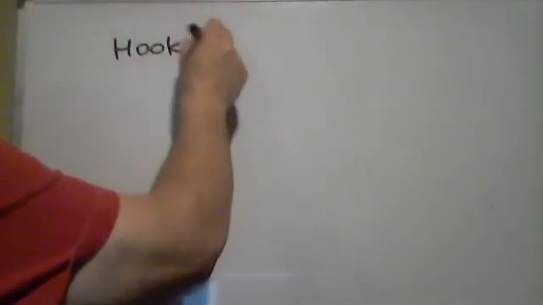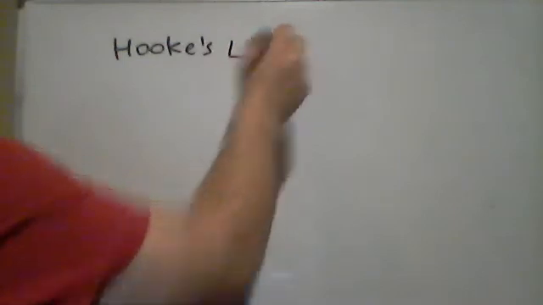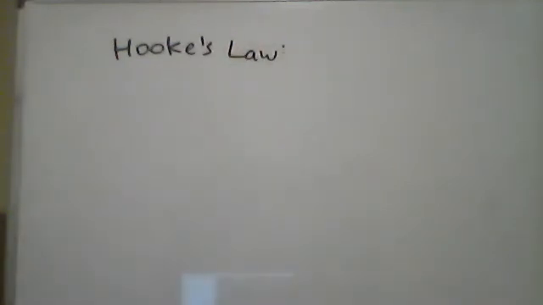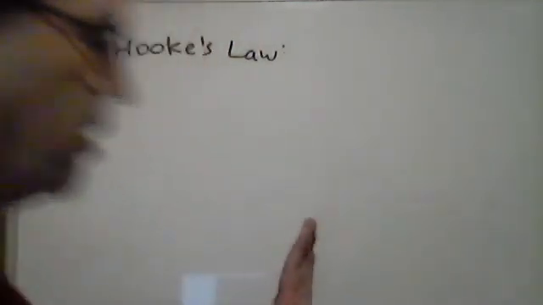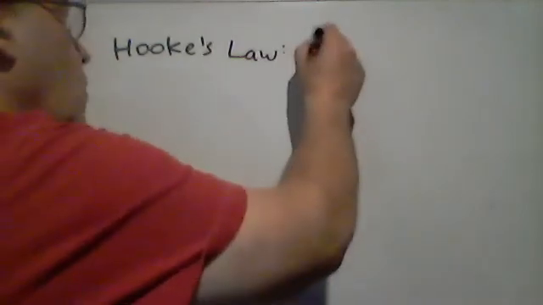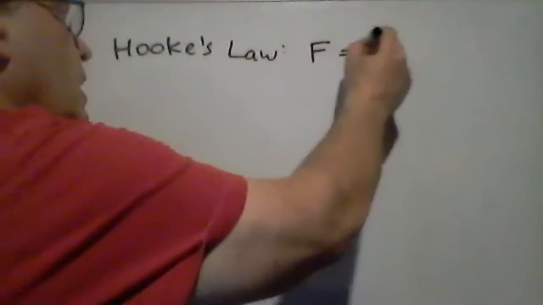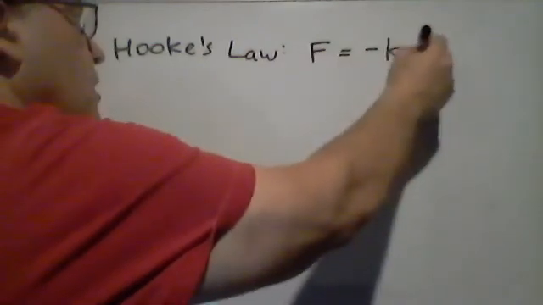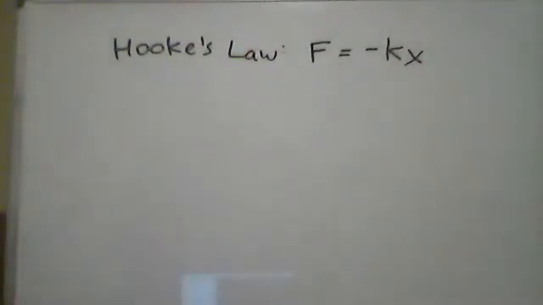One of the kinds of forces you're going to talk about is called Hooke's law. If you push a spring or pull a spring, you displace it from its equilibrium position, and the spring pushes back on you with a force. That force is given as F equals negative kx. K is called the spring constant of the spring.